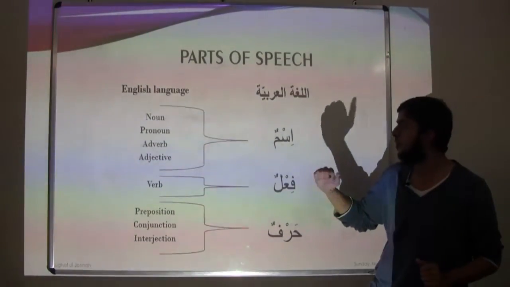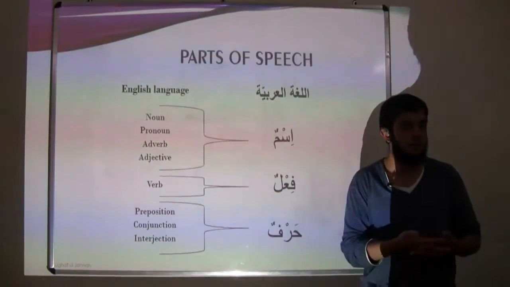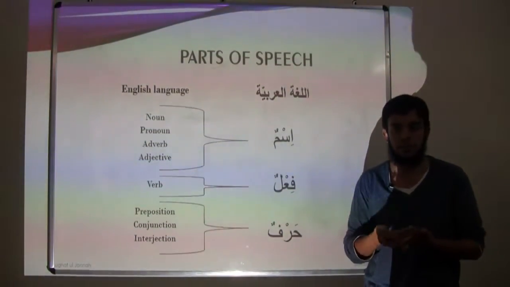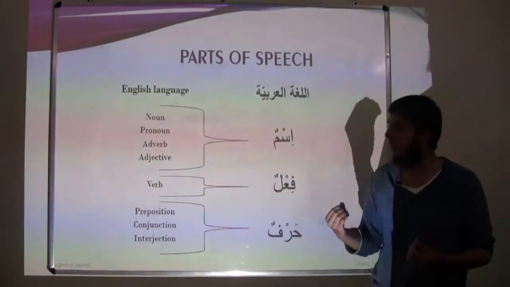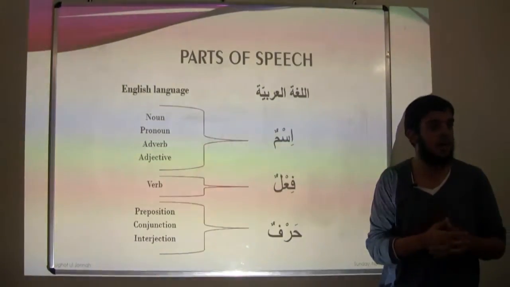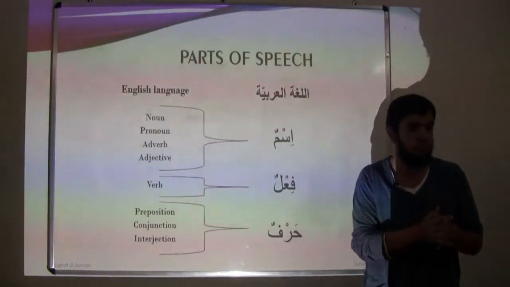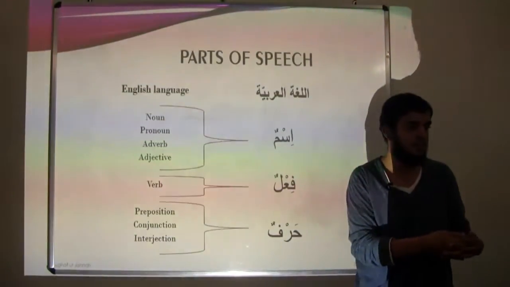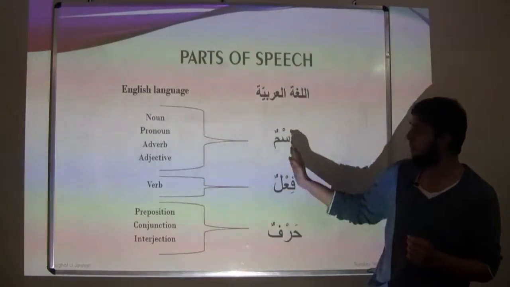So for example, in ism we have learnt many, like baitun and masjidun and so on, whatever nouns there are. And for example, in pronoun, we learnt hada. Hada is an ismul ishara. You will learn the technical terms later. But for now, remember that hada comes under ism because it is a pronoun.